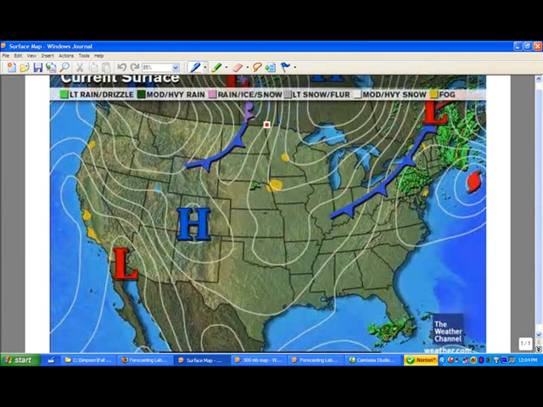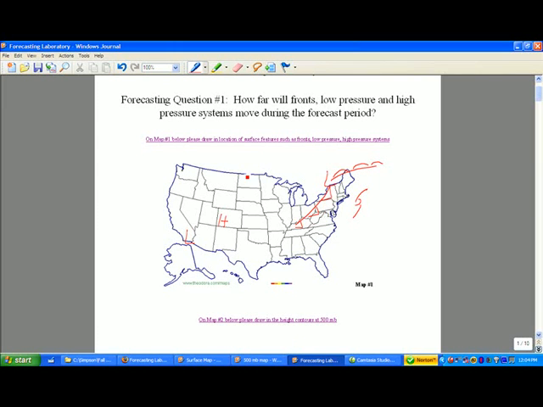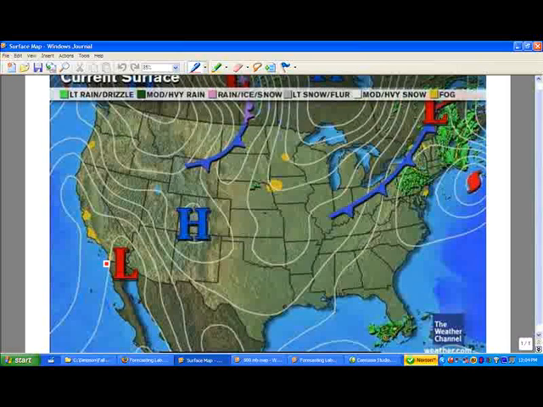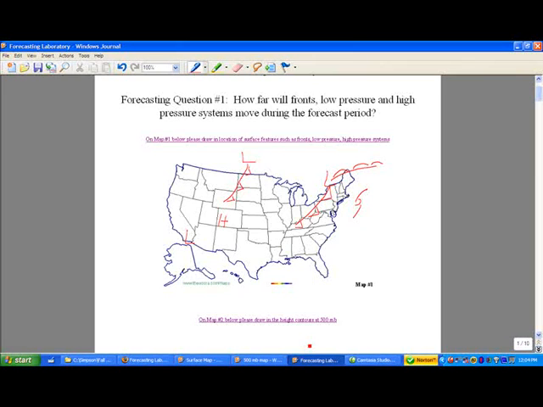Now there was another feature, a cold front going through North Dakota and into Wyoming, so I'll go ahead and draw that. I had a low pressure system up here.